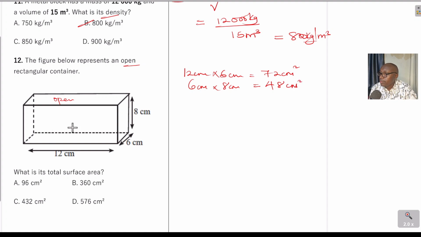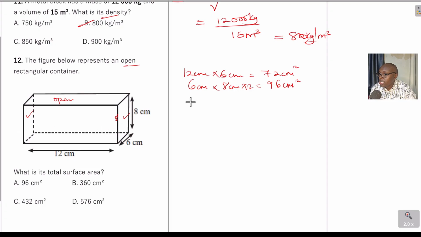And then you need to multiply this one by 2. The reason is we have this side, and also we have the other side, so we have to multiply that one by 2. So 48 times 2 will be 96 centimeters squared. Then we have the front part, which is facing us, that is 12 by 8.